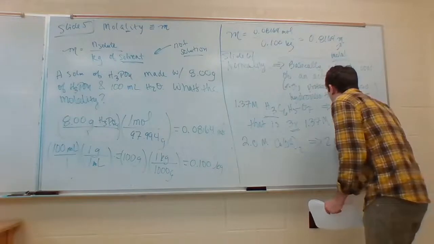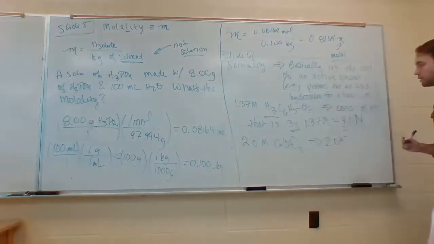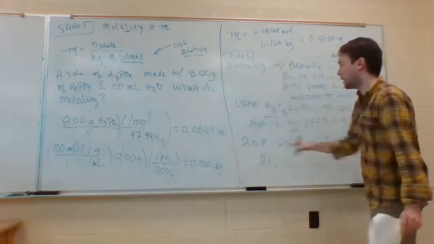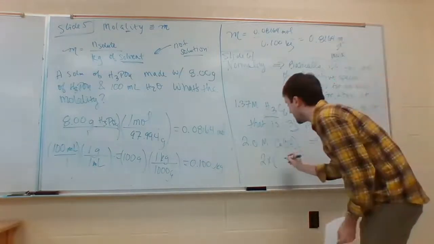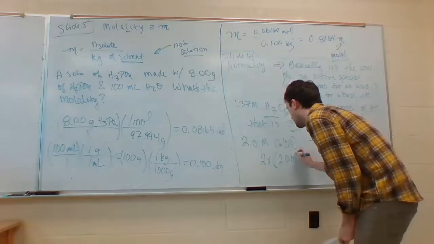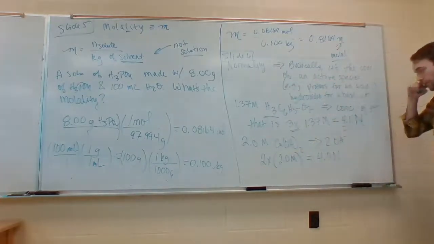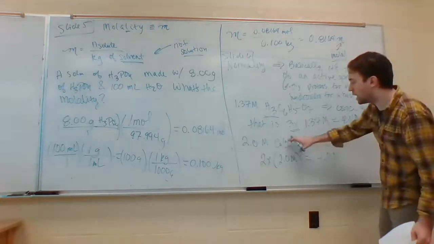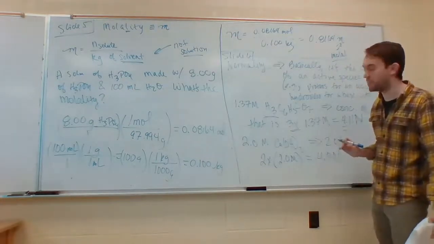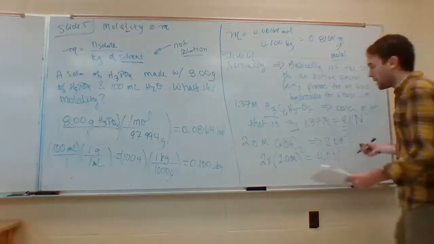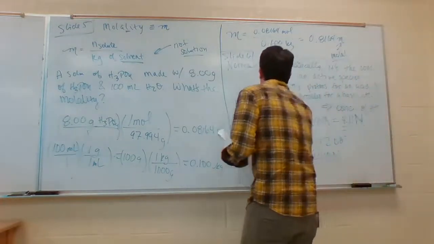We have two. So we take 2 times our concentration of this species, 2.0 molar, and that will give us 4.0 normal. Basically it's the concentration of that active species, just the OH.